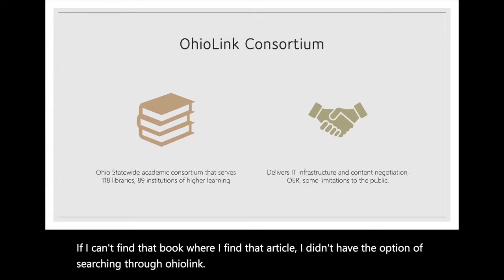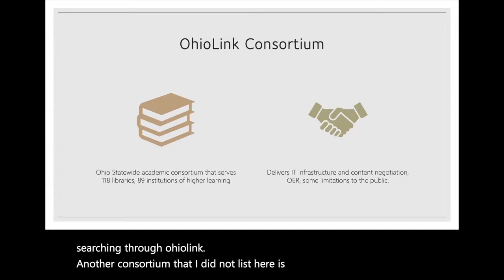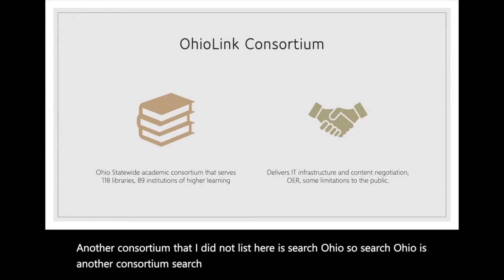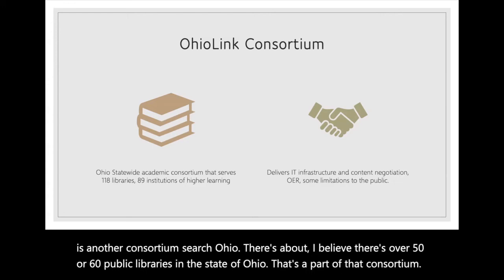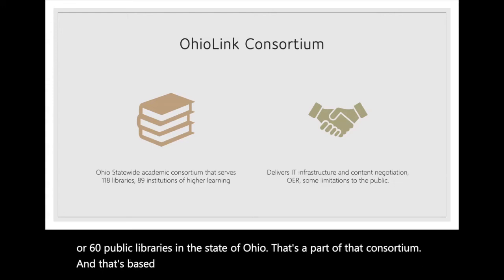Another consortium that I did not list here is SearchOhio. There are, I believe, over 50 or 60 public libraries in the state of Ohio that are part of that consortium, and that's based on the integrated library system that you use.